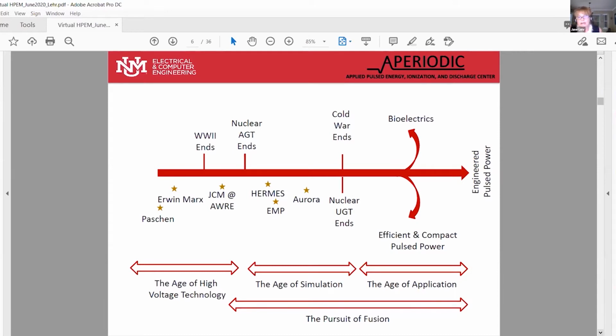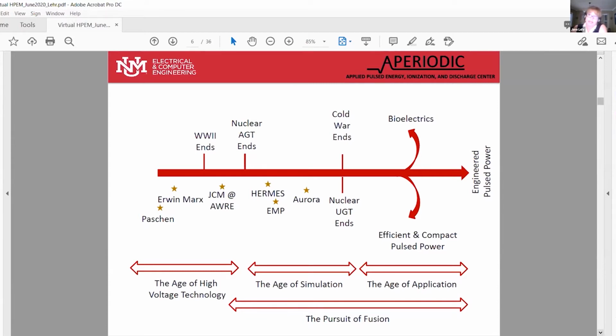After the Cold War ended in the 1990s, we really started to enter a different age, what I call the age of applications, where we're taking the techniques of pulse power and applying them in yet more ways. And in fact, in the early 2000s, there was an explosion of commercial and industrial applications.